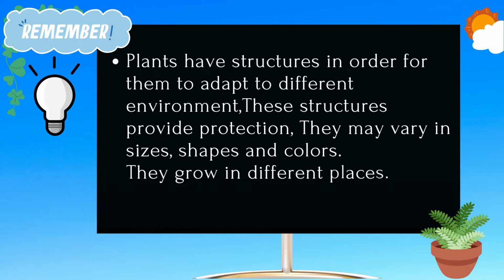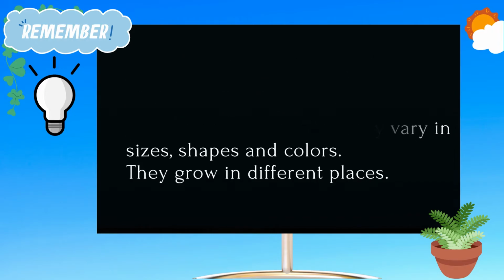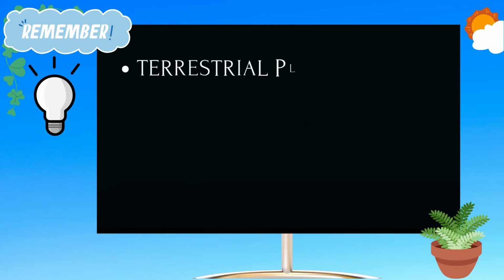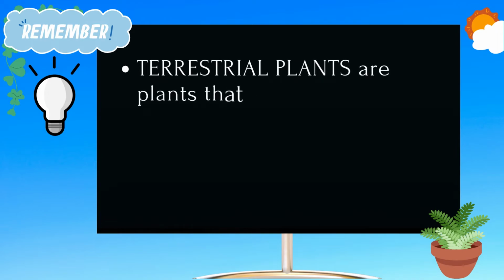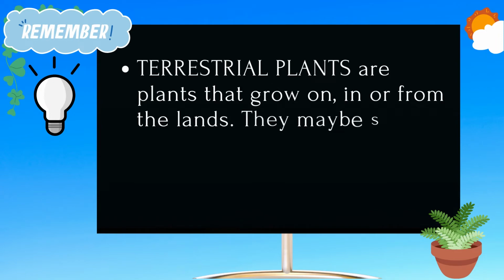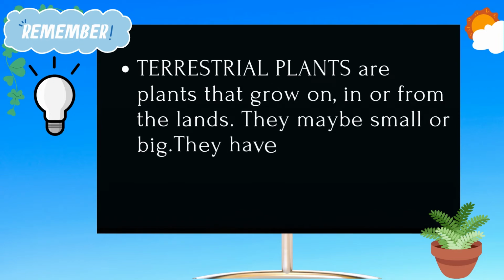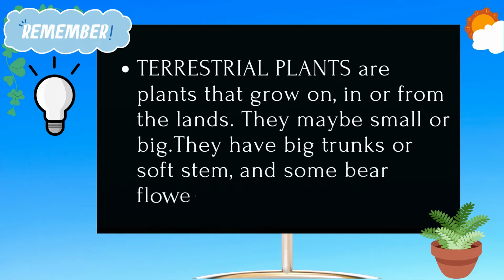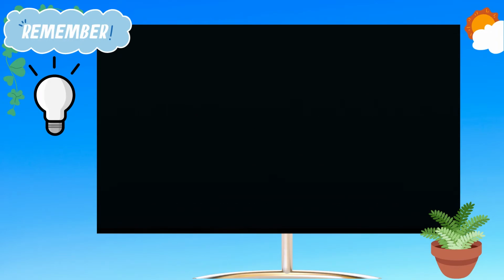They grow in different places. Terrestrial plants or TP are plants that grow on, in, and from land. They may be small or big. They have big trunks or soft stems. Some bear flowers while others don't.